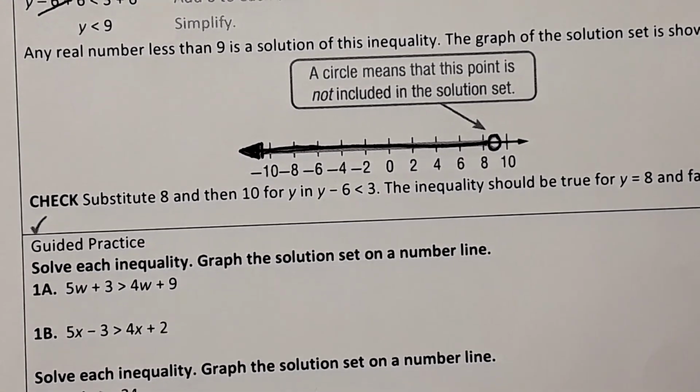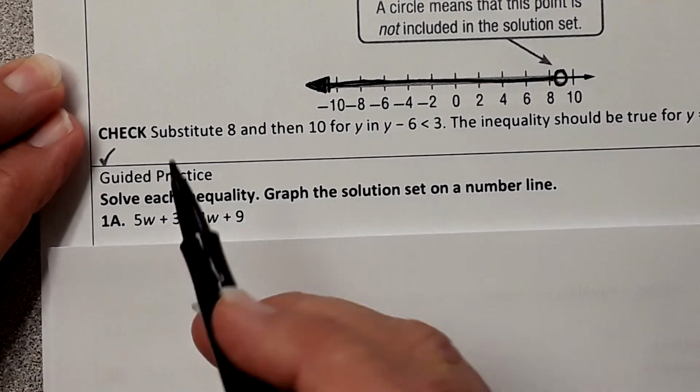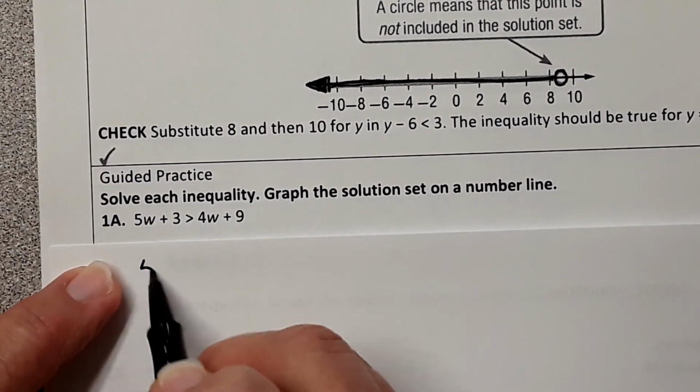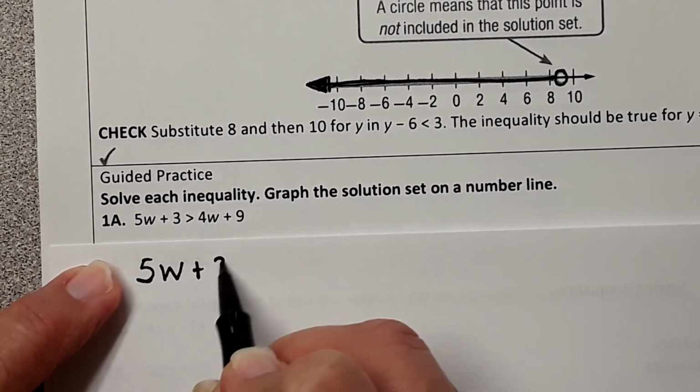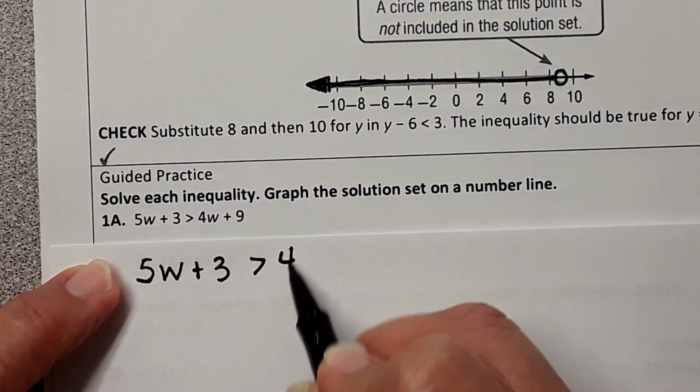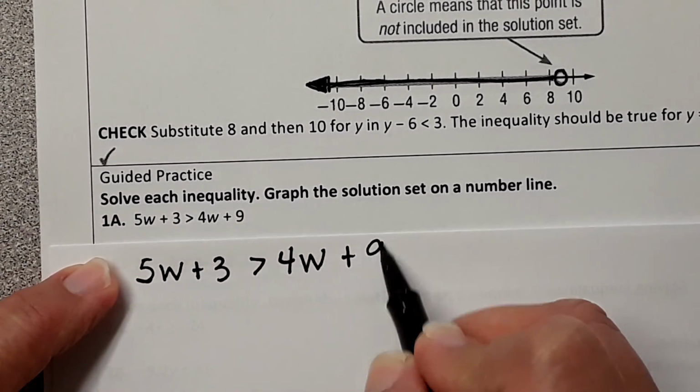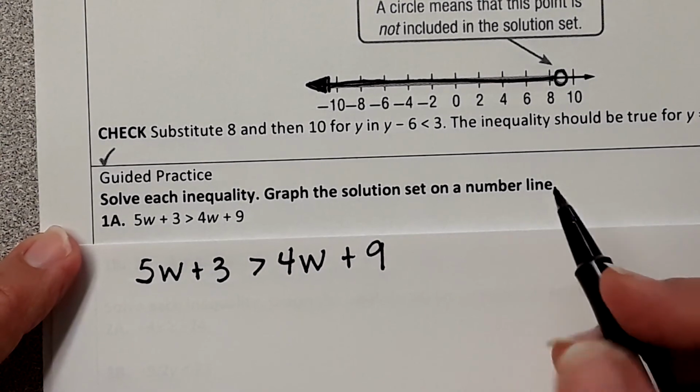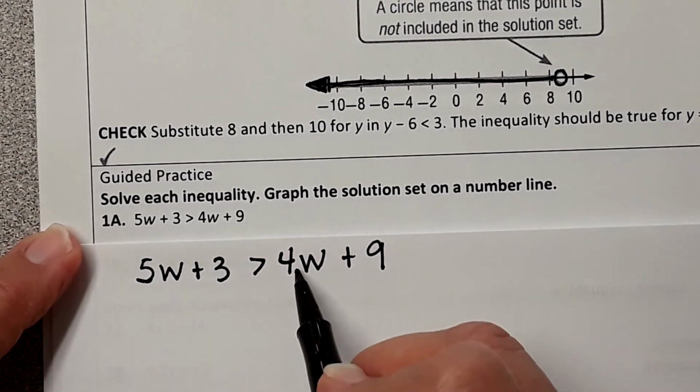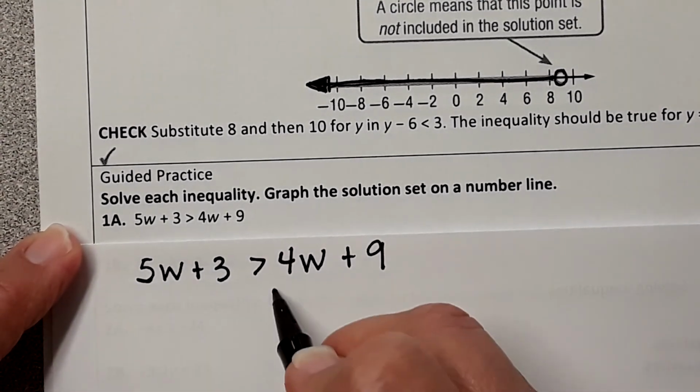You ready? Here we go. So I'm going to rewrite the problem because I want to make sure you can see it all. I always move my variables first. I'm going to move my 4W to my 5W because 4 is less than 5.